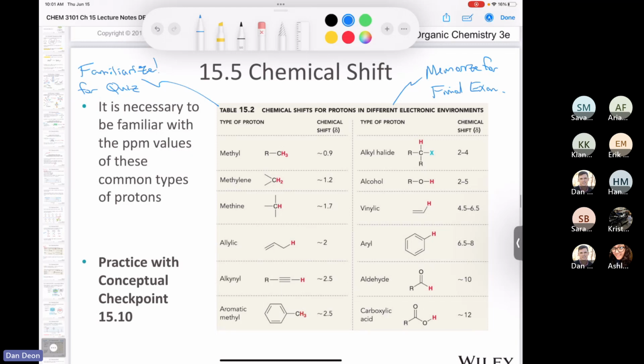Because I'll allow you to bring this table or a version of this table. It won't look exactly like this. But for the quiz, and again, you can't print this slide out, I give you a table, okay, and I'll show it to you later on today. But we assume that by the final exam that you know the chemical shifts. So let's take a look at them.